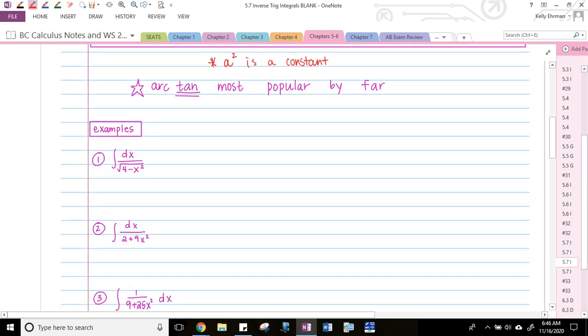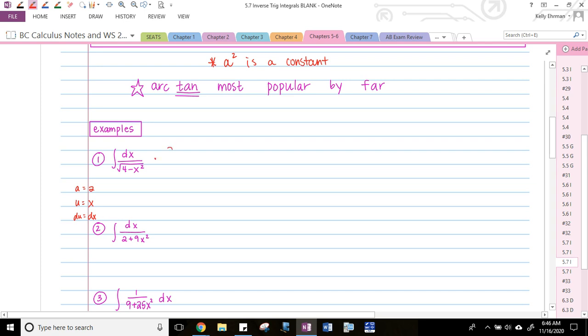So here's an example. You have the integral of dx over square root of 4 minus x squared. I like to organize. What do I have? So a is the square root of 4, which is 2. U is just x, because that's x squared. So du would just be dx. Du dx would be 1, but I kind of like to write that like this.